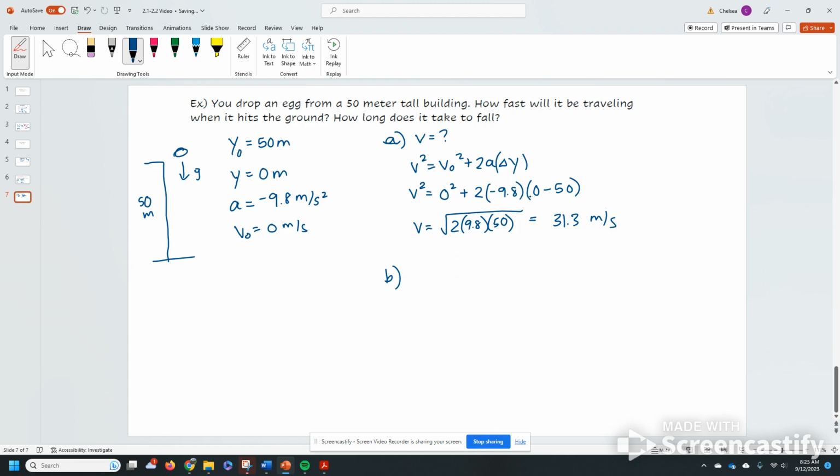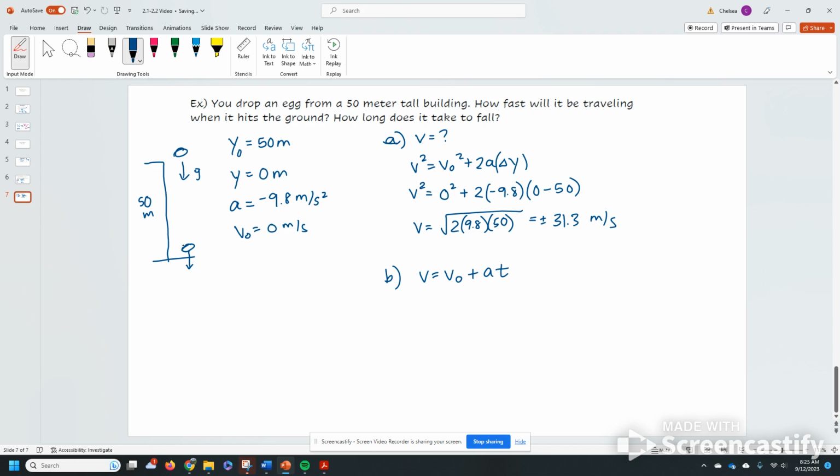And then how long does it take to fall? You can use either one of those other equations. Let's go with the shorter one because that seems easier. So velocity equals initial velocity plus at. When it gets to the bottom here, it will be traveling down. We took a square root here, so this really could be plus or minus.